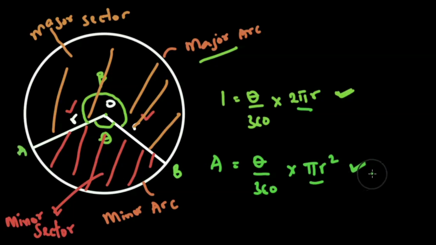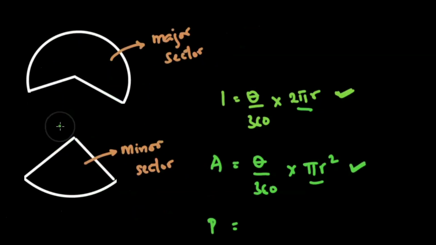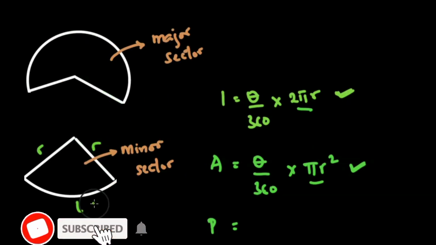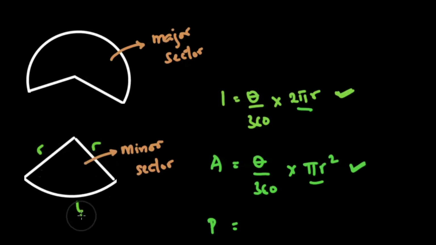Now let's move on to the perimeter of a sector. When we hear the word perimeter, what comes to mind? Perimeter is simply the sum of all sides. So when we have our radius and our arc length, our perimeter will simply be the sum of the radii and the arc length. Same here, the sum of the radii and the length of the major arc.